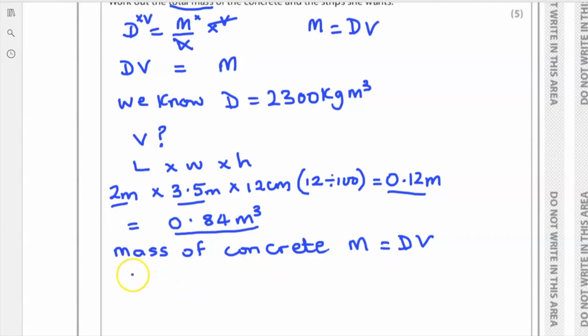So density is 2,300 times 0.84, put that into your calculator, 2300 times 0.84, and it will give us 1932. So now we know what the mass is.